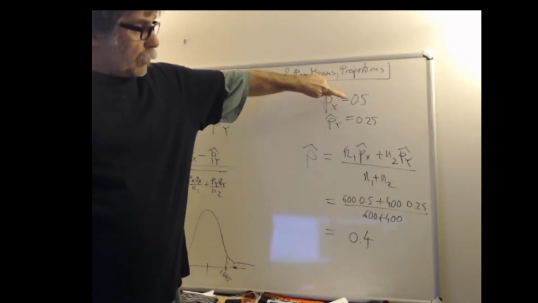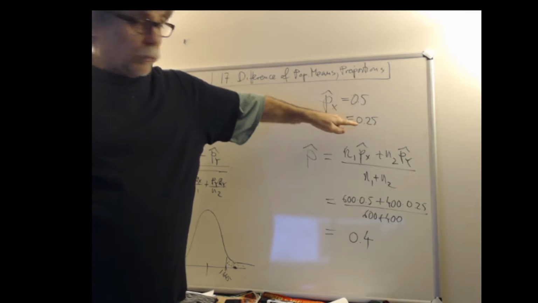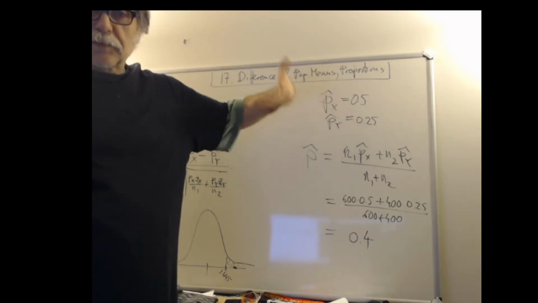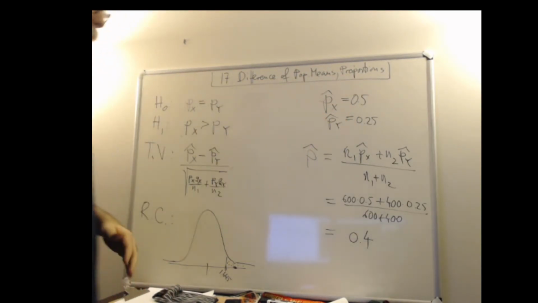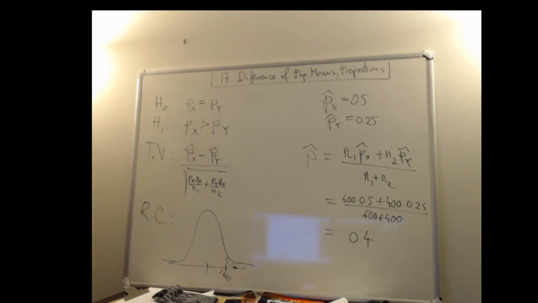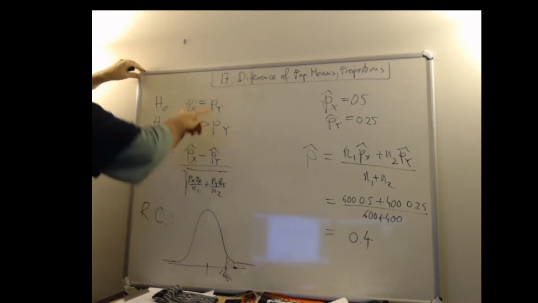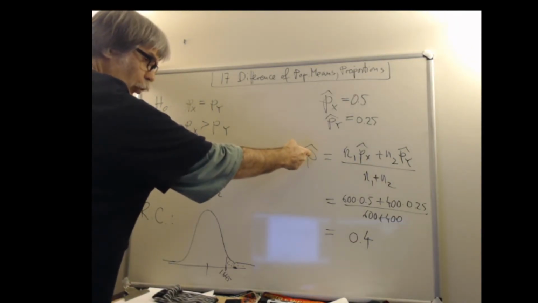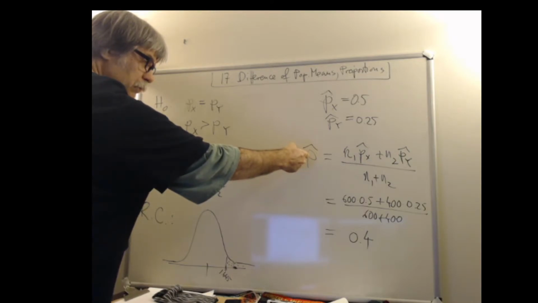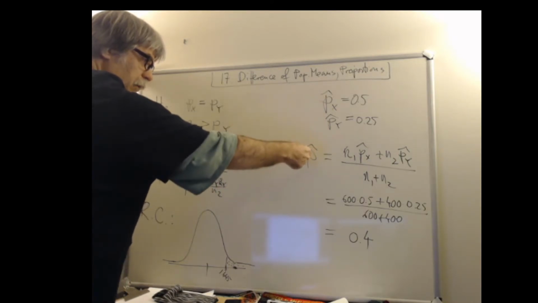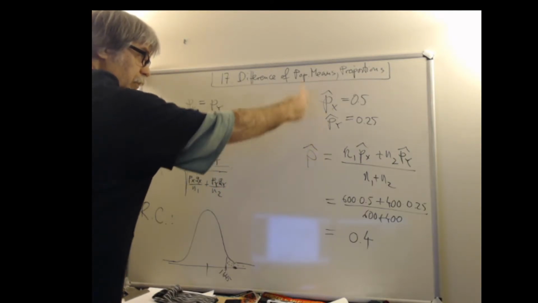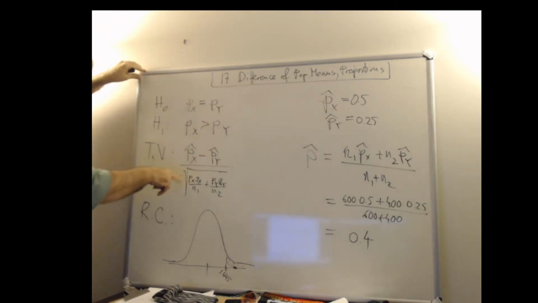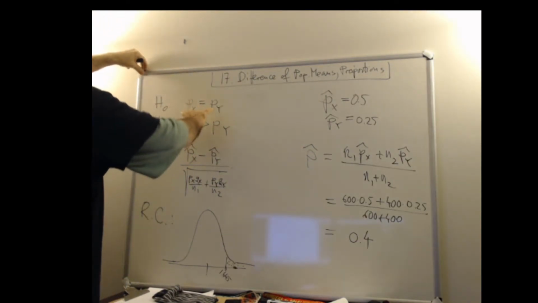You see, 0.4 is closer to 0.5 than to 0.25. Of course, because I have more teenagers in the sample, so it has to be a weighted average. Okay, so I have 0.4. That's going to replace this guy and this guy. They're supposedly the same. I am now using pooled. I pooled these two guys and made a weighted average of these two guys as an estimate of the population proportion of both, because I'm assuming they're the same.